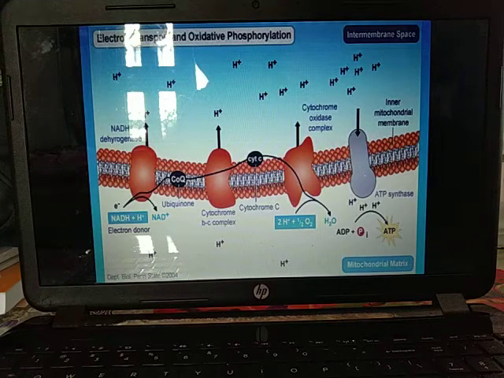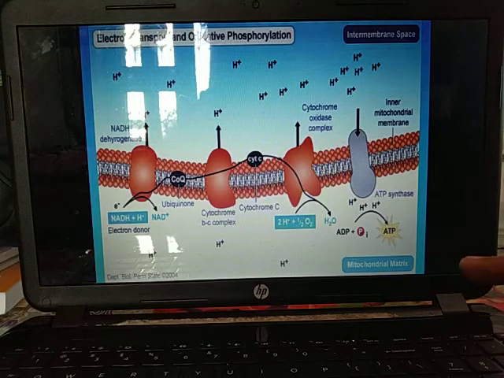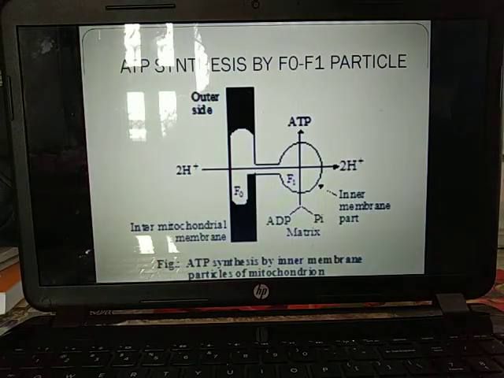ATP synthetase is located in F1 or head piece of the F0 and F1 or elementary particle. So you can see here we have the ATP synthesizing F0 F1 particle. The particles are present in the inner mitochondrial membrane.